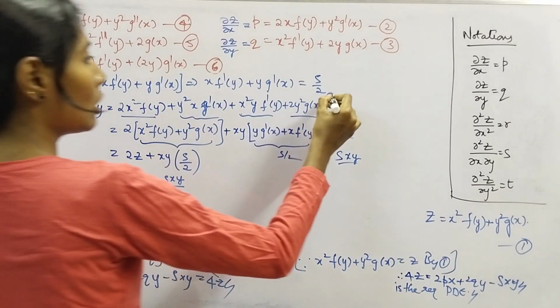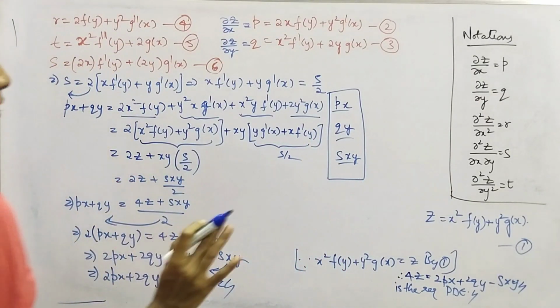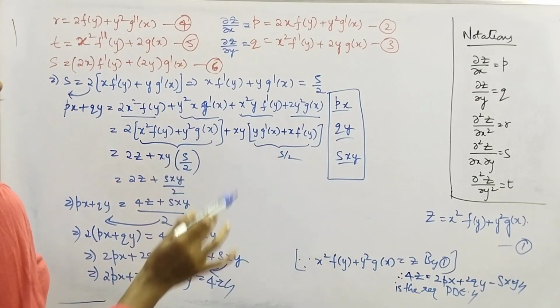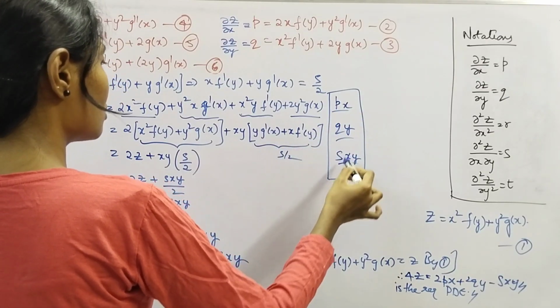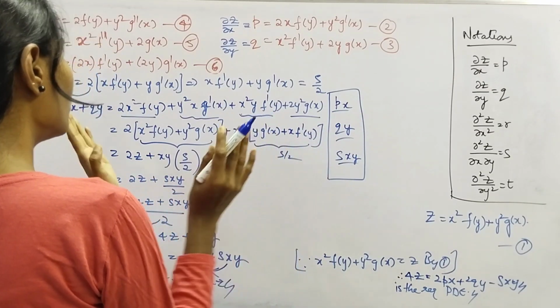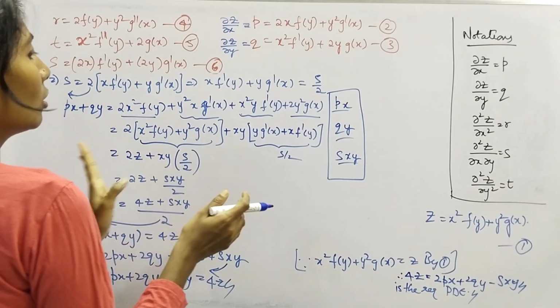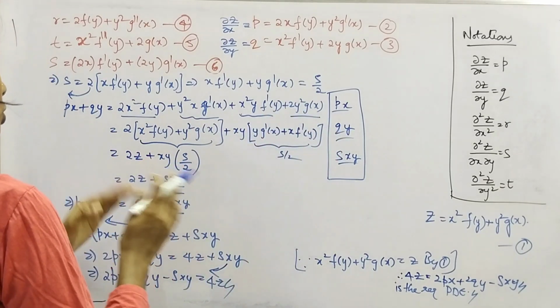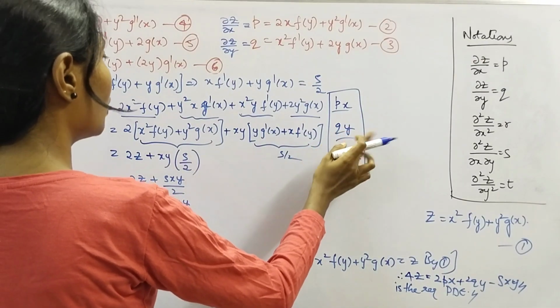Always remember these 3, okay? p can be multiplied by x if it's necessary, but in most of the problems we'll be using px, qy, sxy. Okay, if you get p, you can just try by checking px. If you get an equation involving q, then you can just multiply it by y.